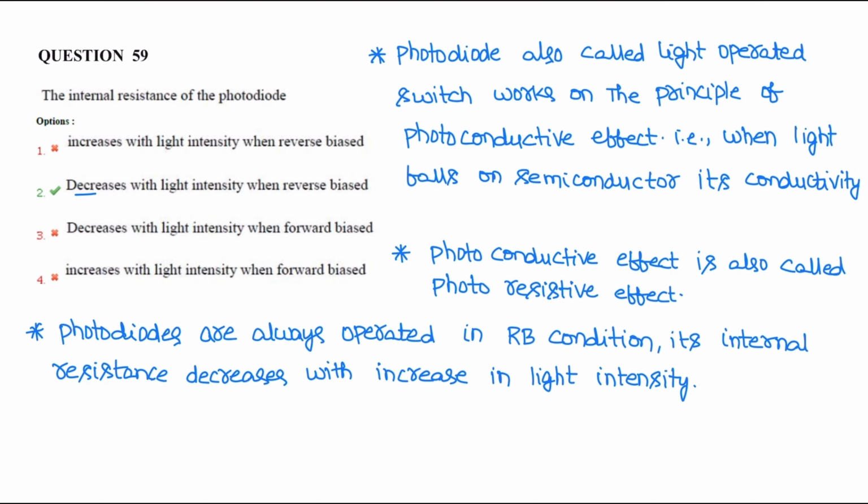Question number 59. It is related to photodiode. So a photodiode is also known as a light operated switch. It works on the principle of photoconductive effect. This photoconductive effect is also called photoresistive effect. That is, when light falls on a semiconductor, its conductivity increases, and these photodiodes are always operated in reverse bias condition.